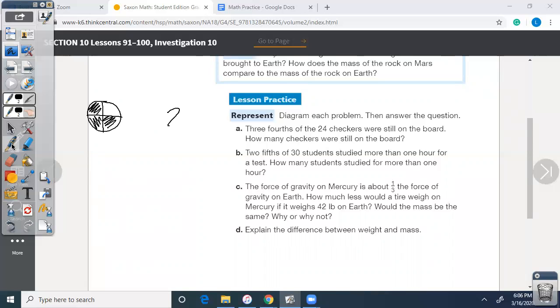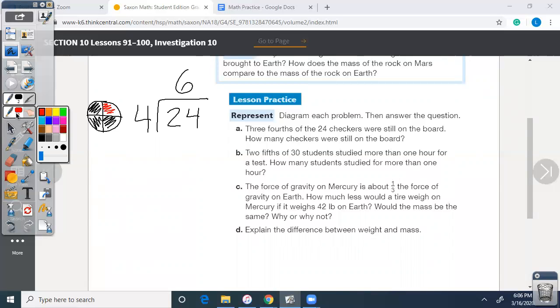So if we had 24 checkers, we're trying to break it into fourths. So we would divide by 4 in order to do that. 4 can go into 24 how many times? It's one of your facts. 6. Okay, so that means each one of these pieces right here is 6. That makes sense, right? 6 plus 6 plus 6 plus 6 is 24.